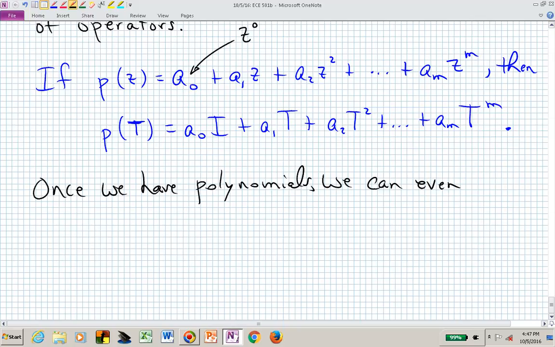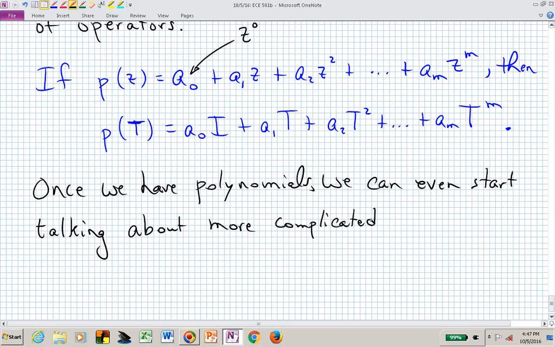We can even start talking about more complicated functions of operators.